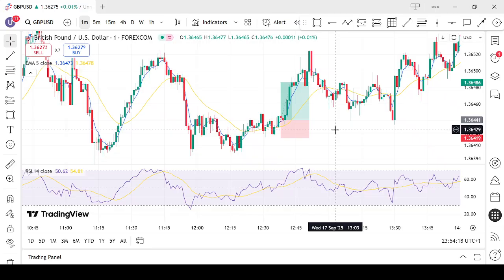Now the fourth step would be risk management and position sizing. You have to risk no more than 1% of your trading account on a single trade. So you need to calculate your position size with a position size calculator. To get your position size, you make use of your account balance times the percentage risk you want to risk, divided by your stop loss distance.